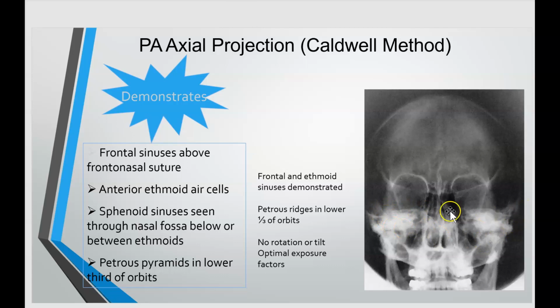That's how you can tell this is a Caldwell, if you see those petrous pyramids in the lower third of your orbits, okay? Your frontal and your ethmoid sinuses are best demonstrated in this. The petrous ridges, as I said, are in the lower third, and you're going to ensure that there's no rotation or tilt, so everything is symmetrical on both sides.